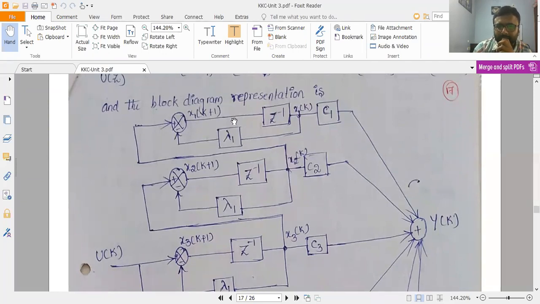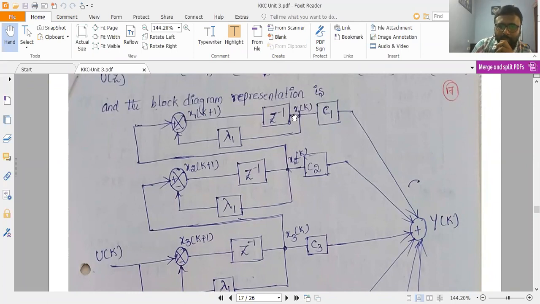So here, what is x1 of k plus 1? x1 of k plus 1 is nothing but x2 of k and x1 of k.